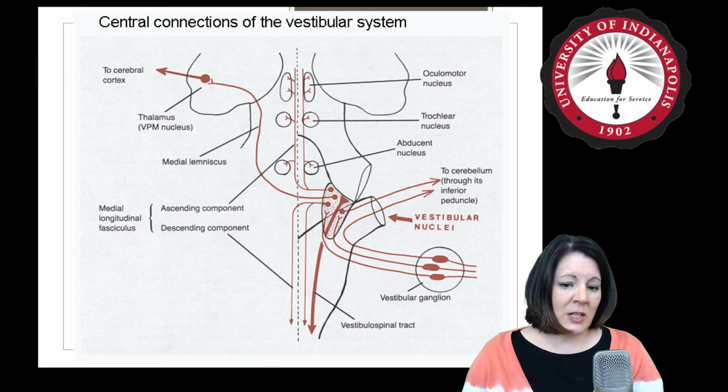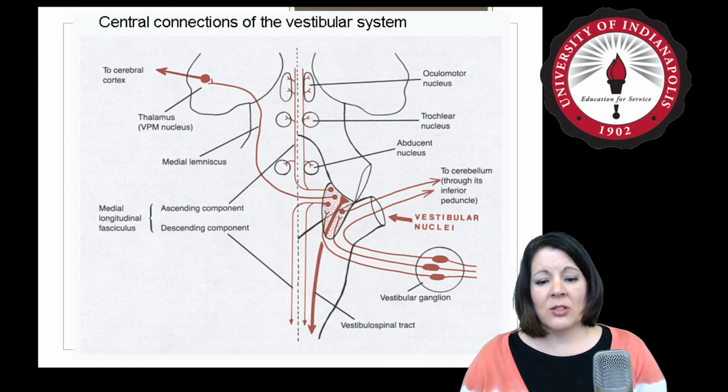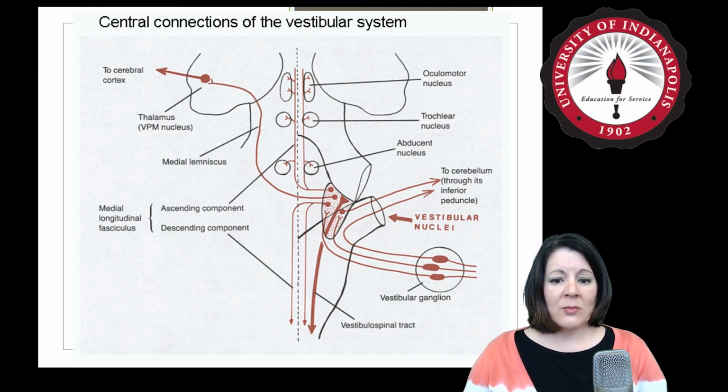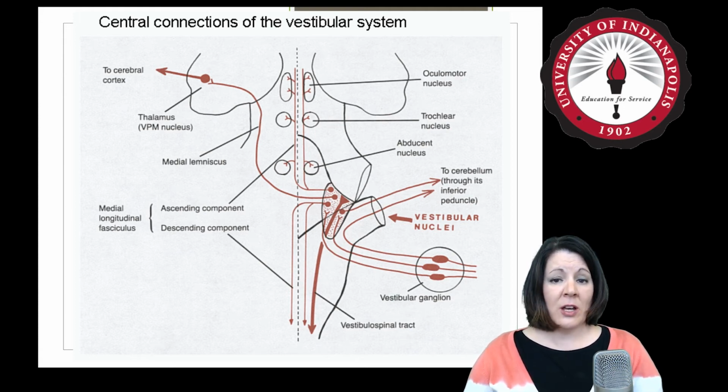I guess I should mention back with the oculomotor one, the reason why we have all those connections is because the vestibular system helps stabilize our eyes on a visual target when our head is moving faster than 30 degrees per second, which is about like this. So if we start moving our head any faster than that slower pace, the thing that keeps my eyes on the target is not my eyes, it's my inner ears telling my eyes how far and how fast to move in order to stay on the target.